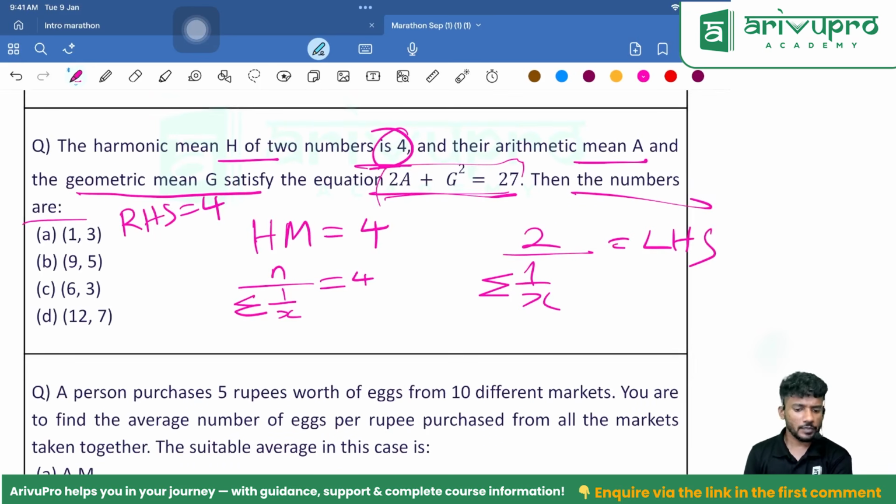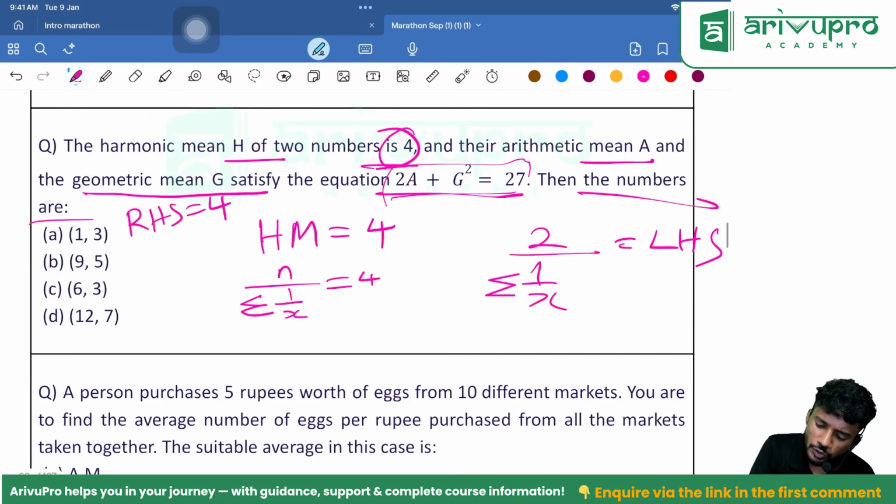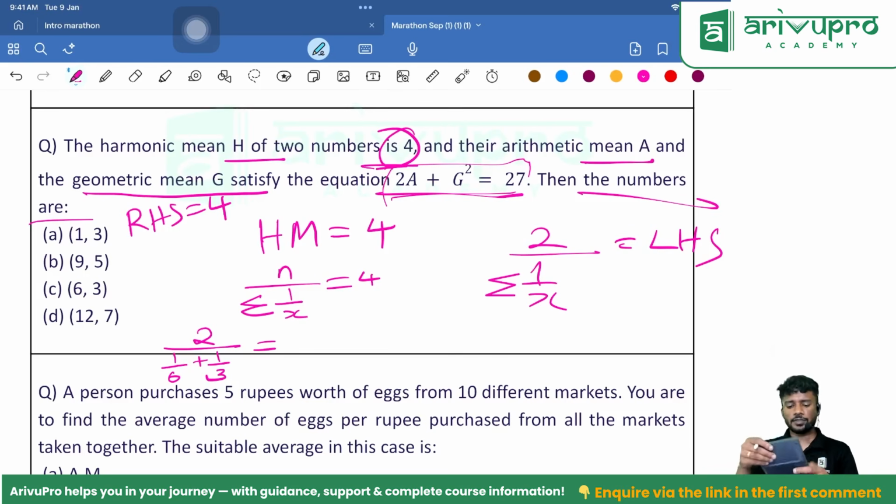B, is it 2 divided by 1 by 9 plus 1 by 5? Will it give 4? C, I think C. I think A also can be a possibility. We will try C. So 2 divided by 1 by 6 plus 1 by 3 is how much? Take your calculator, people.